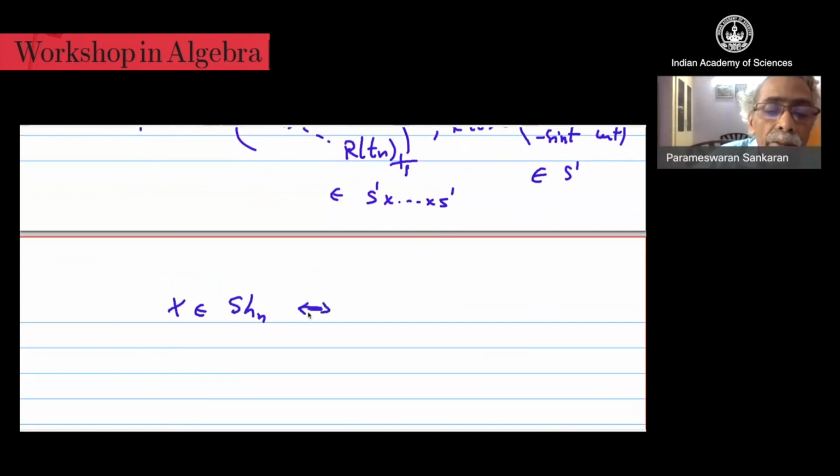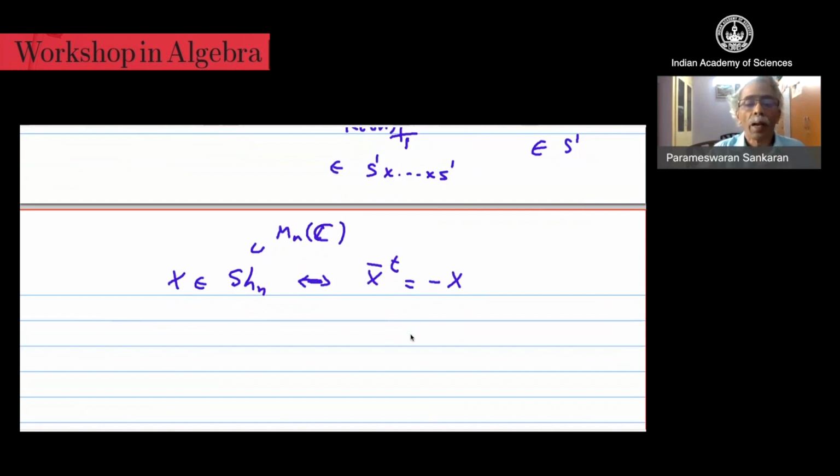Recall the definition, if and only if X bar transpose is equal to minus X. Now you see this is a subspace of complex matrices, Mn of C. So X bar transpose makes sense. Of course, if X already has real entries, that same thing reduces to just X being skew symmetric.